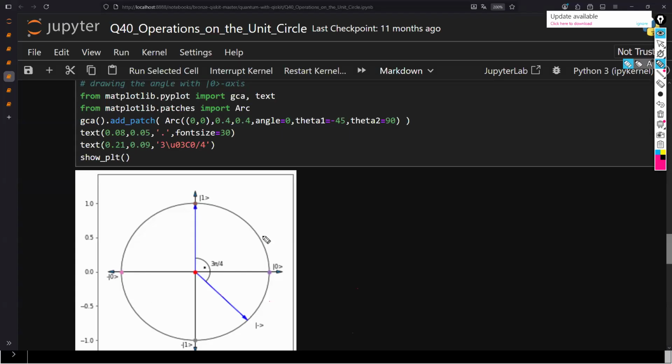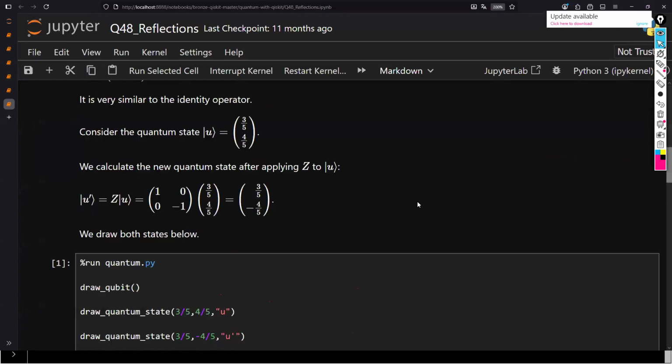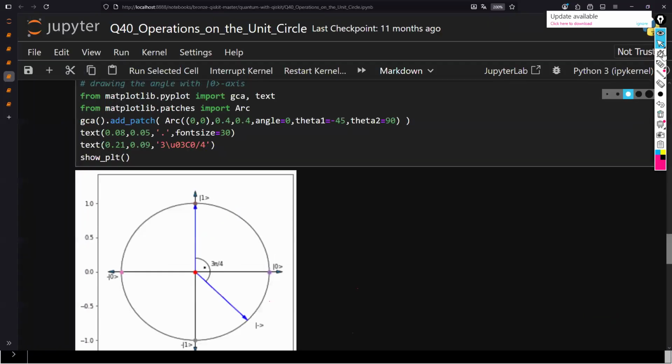So what we could say is that our Hadamard gate in our representation is a reflection operator. And where do we land? Well, this is our axis. I will draw it with yellow. Oh no, it dies out. I'm sorry.